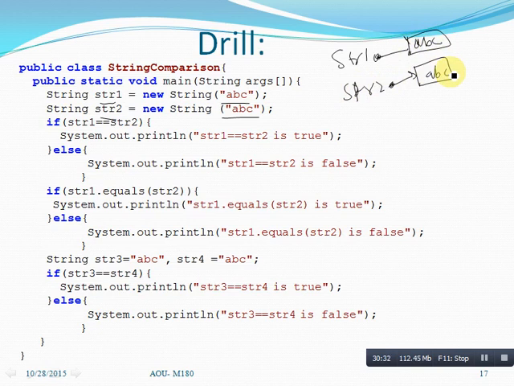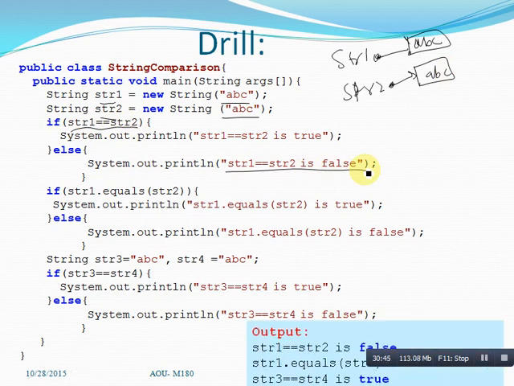Both are different objects and have different references. So str1 == str2 is false, and it will print the else statement, because both are referring to different memory locations. Then str1.equals(str2) is true because equals checks the contents, both contents are the same, so it will print that str1 equals str2 is true.